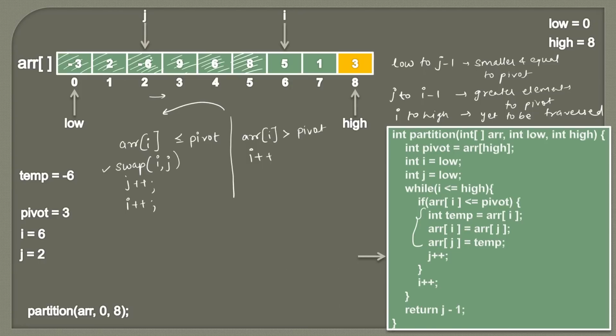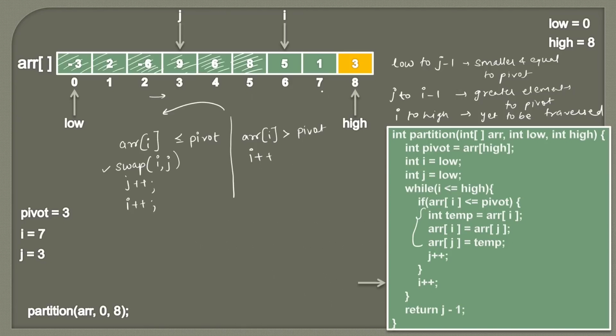So after placing a smaller element at this spot, we will increment j. j becomes 3 because for the next smaller element, this would be the right place. So we increment j as well. And as we have already traversed whatever the value was here at this index, we will also increment i.